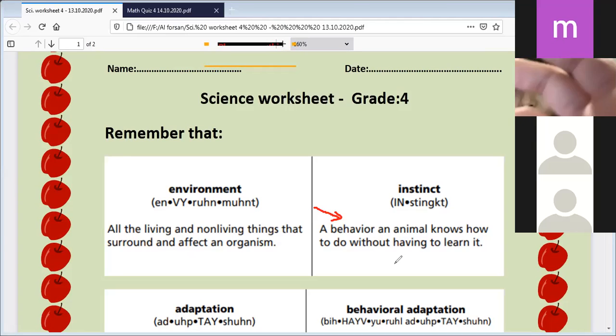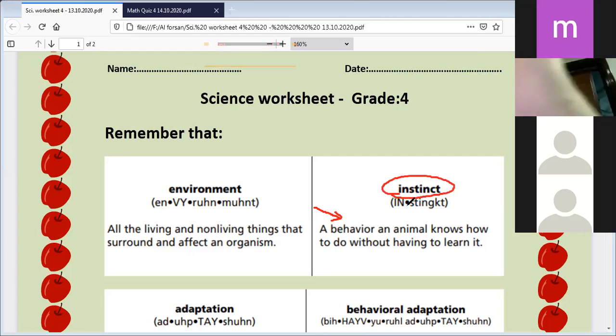Like he already learned it. If you learn how to do something, it's a behavior, you'll not forget it. But if you do something without learning, it's instinct. Okay. Do you know what is the difference between them right now? I thought instinct was like the dinosaurs.